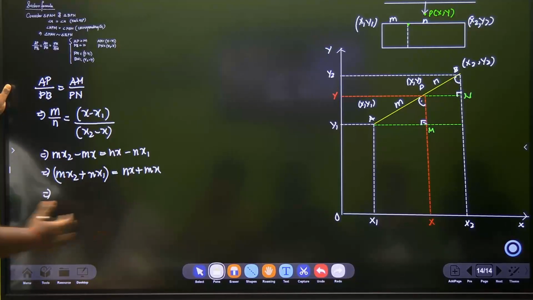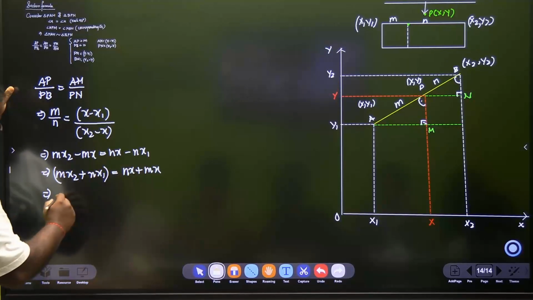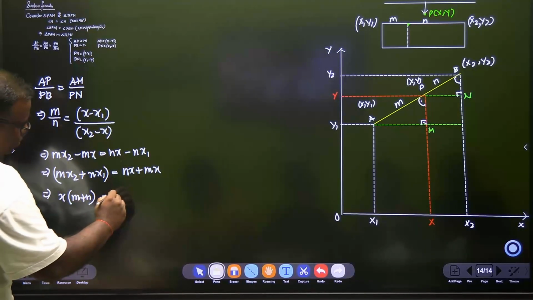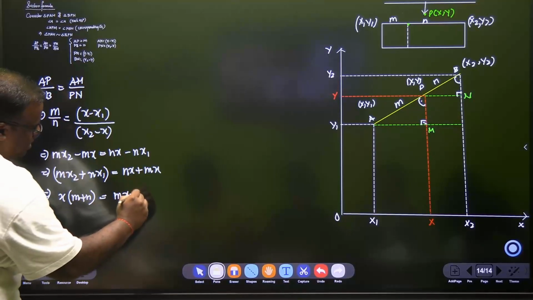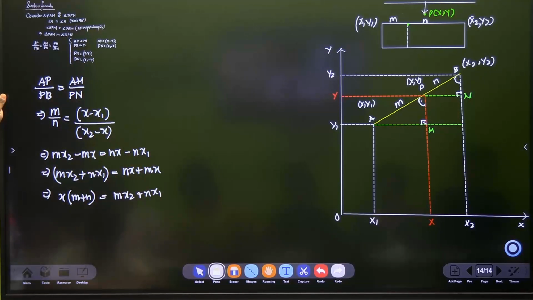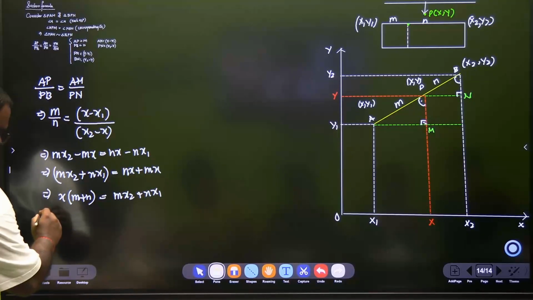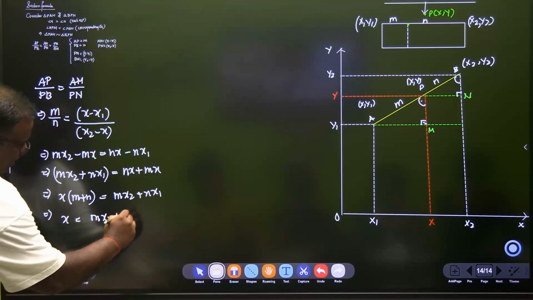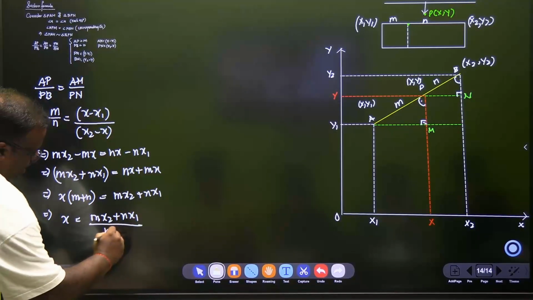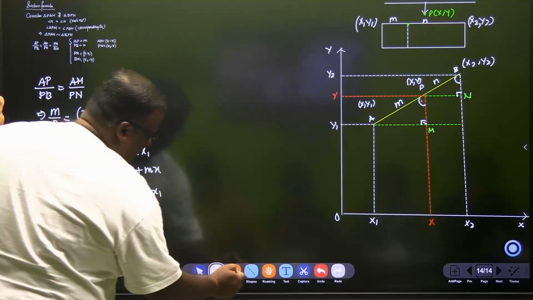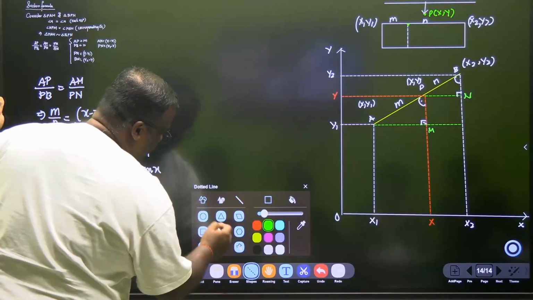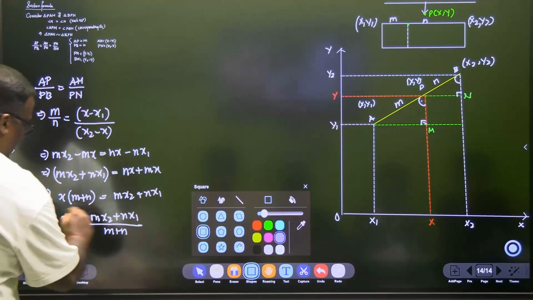So I'm taking x common, M plus N times x is equal to MX2 plus NX1. Clear? So I get my value of x, which is equal to MX2 plus NX1 divided by M plus N. So my x coordinate value has already been processed.